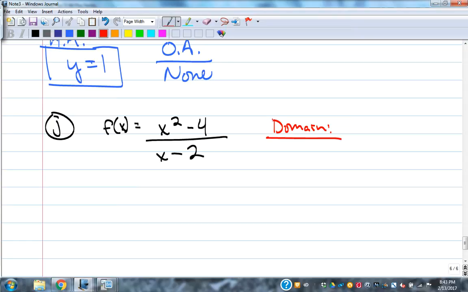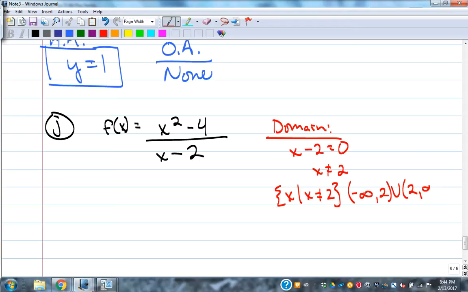Domain. x doesn't equal 2, right? Negative infinity up to 2, from 2 to infinity. We're really good at domain now. Should be. You've been doing it a while. All right, next thing we do.